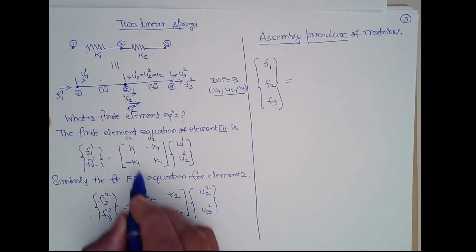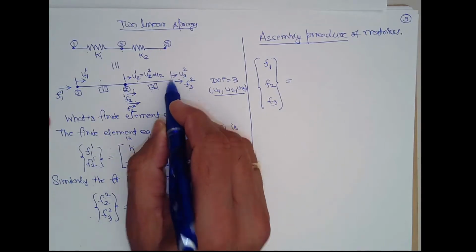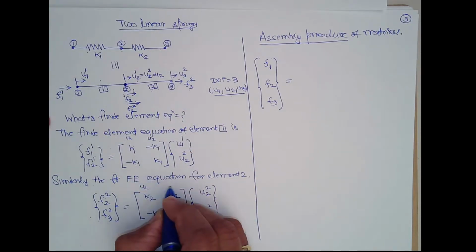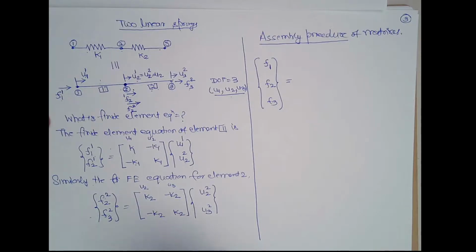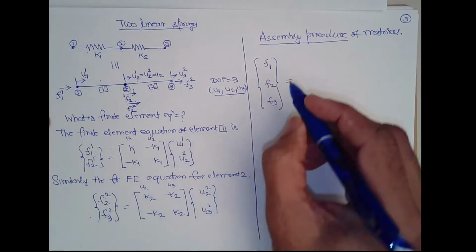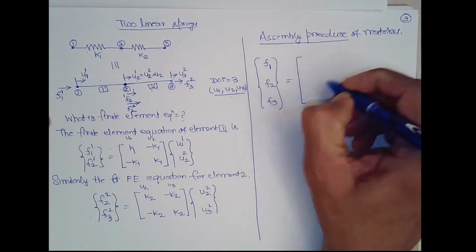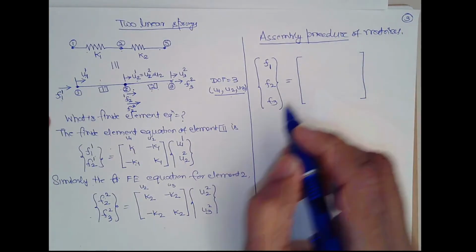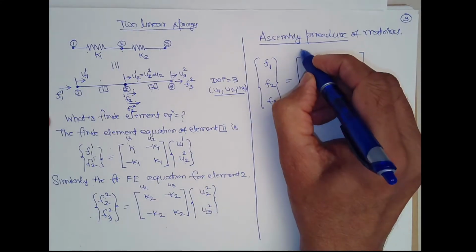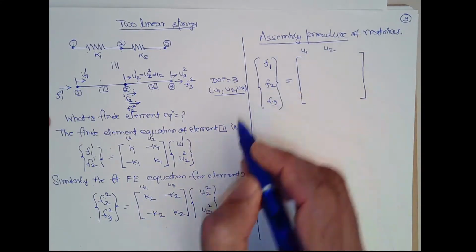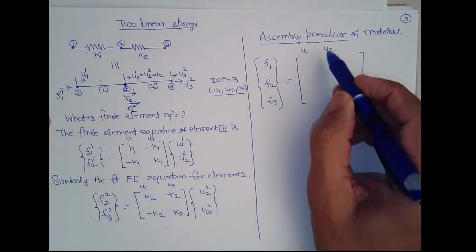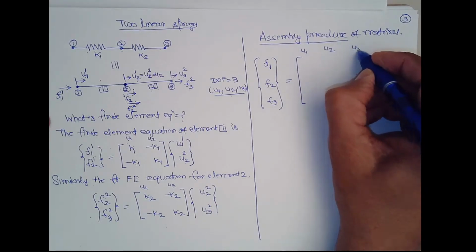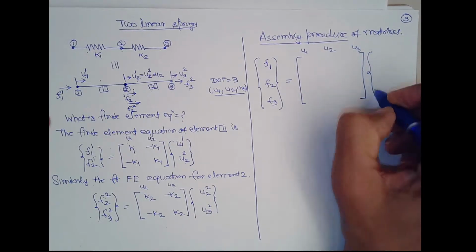U2 relates to node 2 and U3 relates to node 3. So I simply write U2 and U3 for my understanding. I will explain the stiffness matrix further, but here you understand that it will be 3 by 3. So this is U1, U2, and the third is U2, U3.